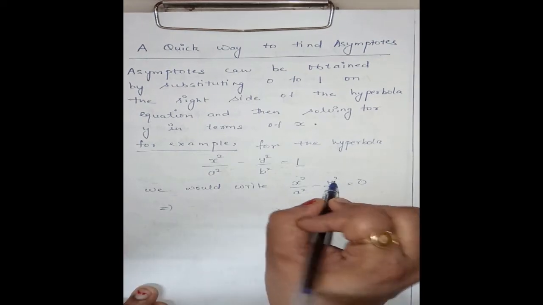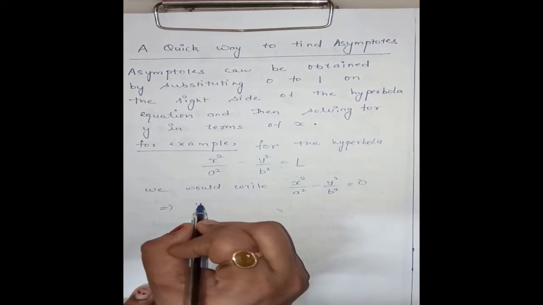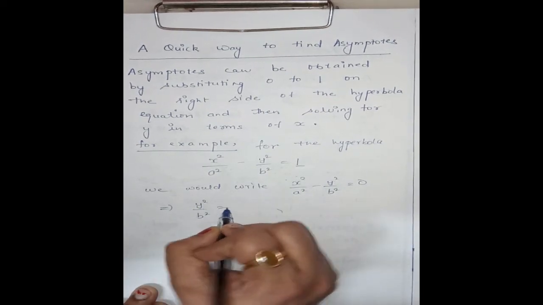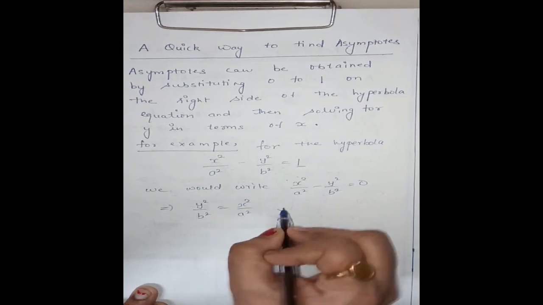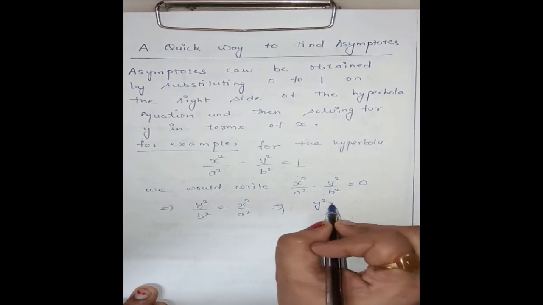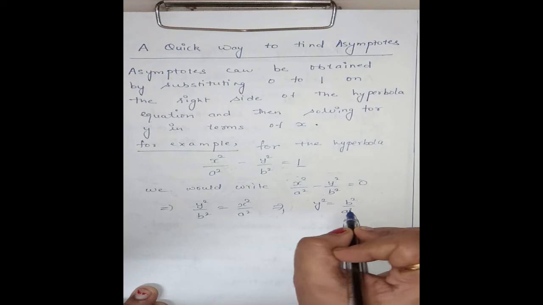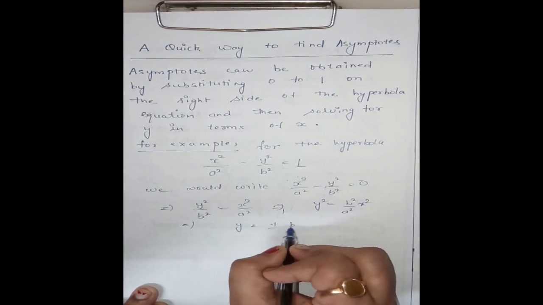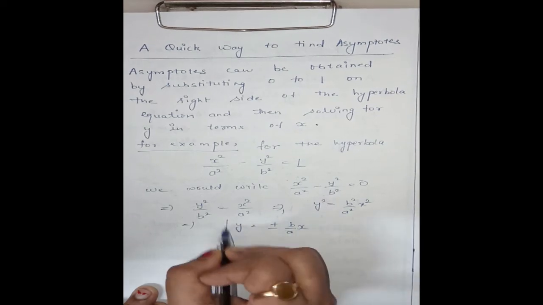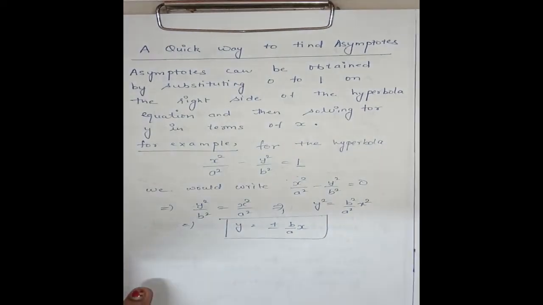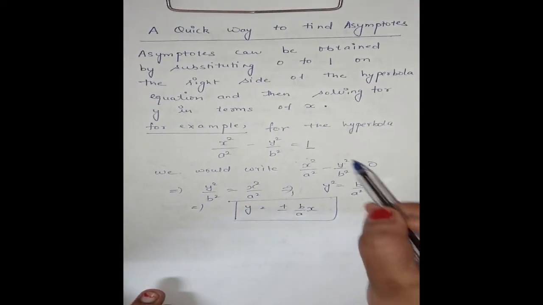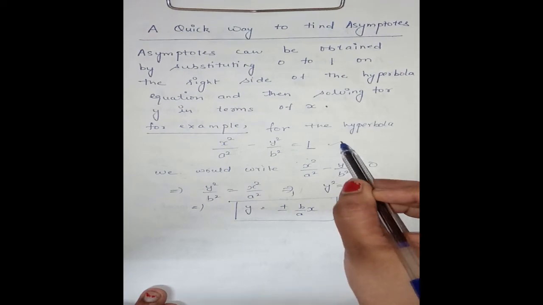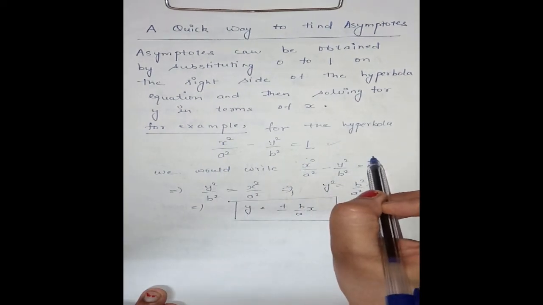Now we are going to solve for y in terms of x. This will be y square by b square is equal to x square by a square. That is y square is equal to b square by a square into x square. This implies y is equal to plus minus b by a into x. These are the two equations of the asymptotes of the hyperbola where the focal axis is along the x-axis.